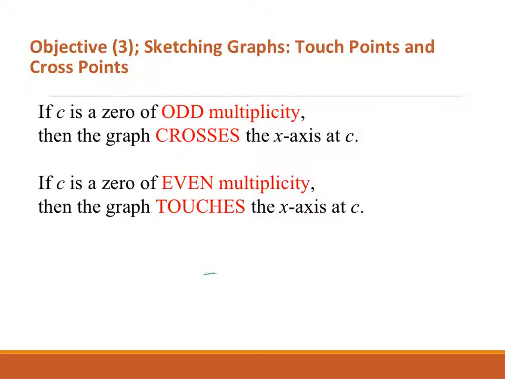So for example, if I have a function that looks like this, we can see at this point it crosses the x-axis, and here it touches. So this has to have a squared term at least. This one has to have an odd degree to it.